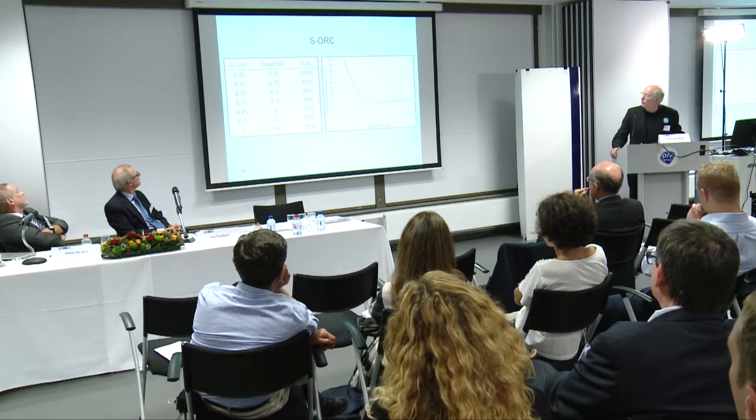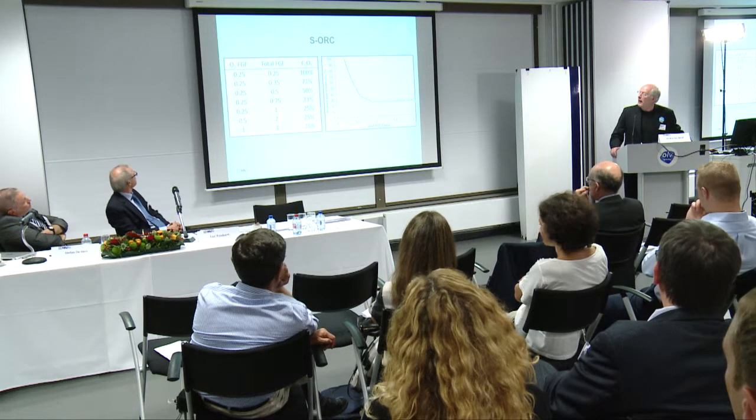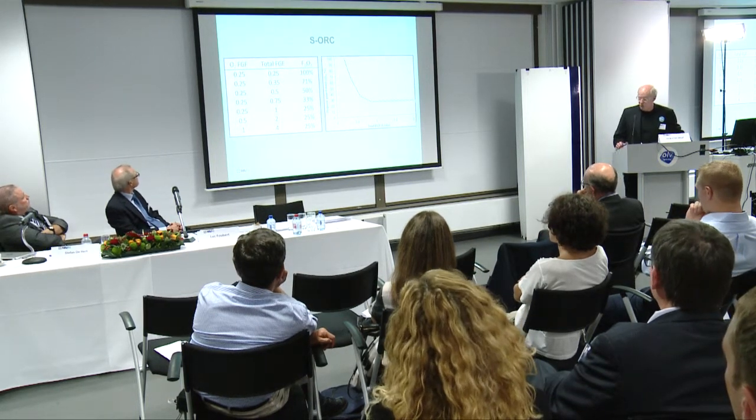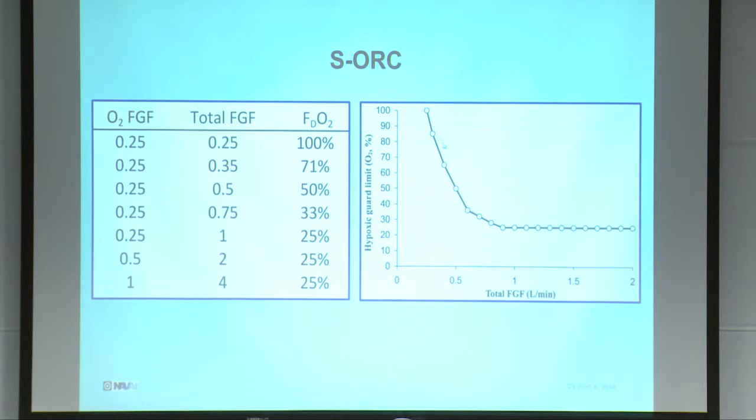Although you could think that there is a reasoning. The first criterion looks very reasonable. The second one looks reasonable also because it's just above the oxygen requirement of an anesthetized patient. So you might think that it makes sense, but I'm not sure that this has ever been studied by the companies when they implemented this. So the result is that the hypoxic guard limits of the S-ORC system are described in this curve, and the curve is the result of these simple calculations.